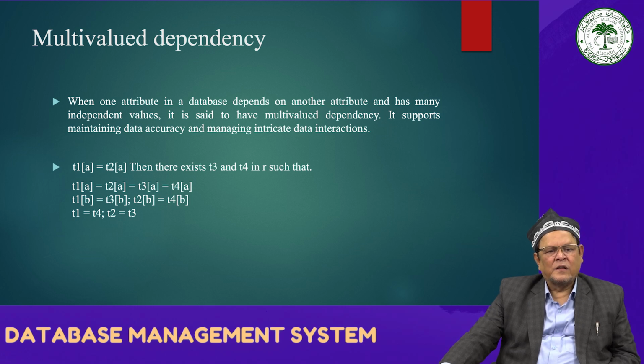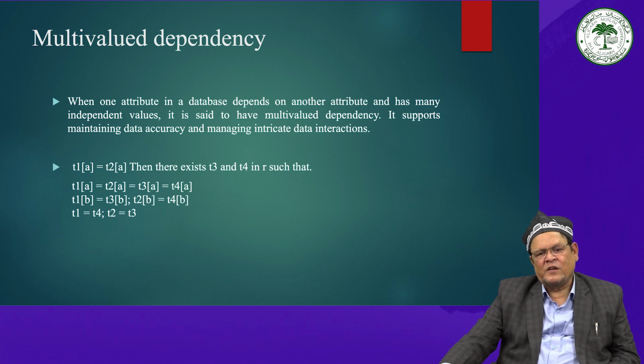Unlike single valued dependencies, where each value in the determinant uniquely determines a single corresponding value in the dependent, multi-valued dependencies deal with sets of values. This implies that for a given combination of values in the determinant, there can be multiple combinations of values in the dependent attributes.